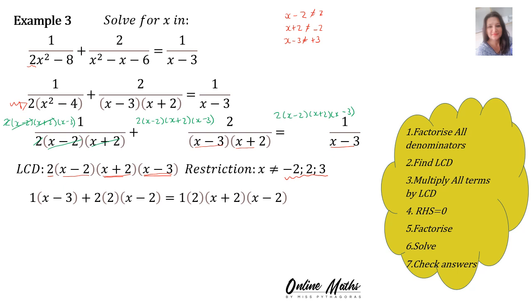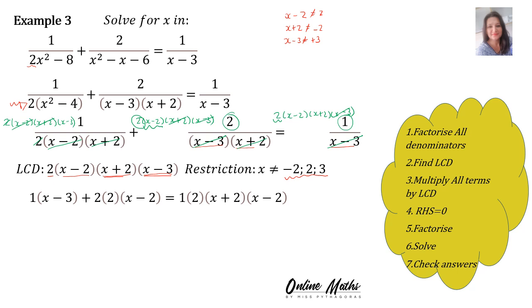On the second term, x minus 3 will cancel, and x plus 2 can cancel, and I'm left with this 2, that 2, and x minus 2. And then on the last term, on the right-hand side of the equal sign, the x minus 3 and the x minus 3 can cancel, and I'm left with 2(x minus 2)(x plus 2).